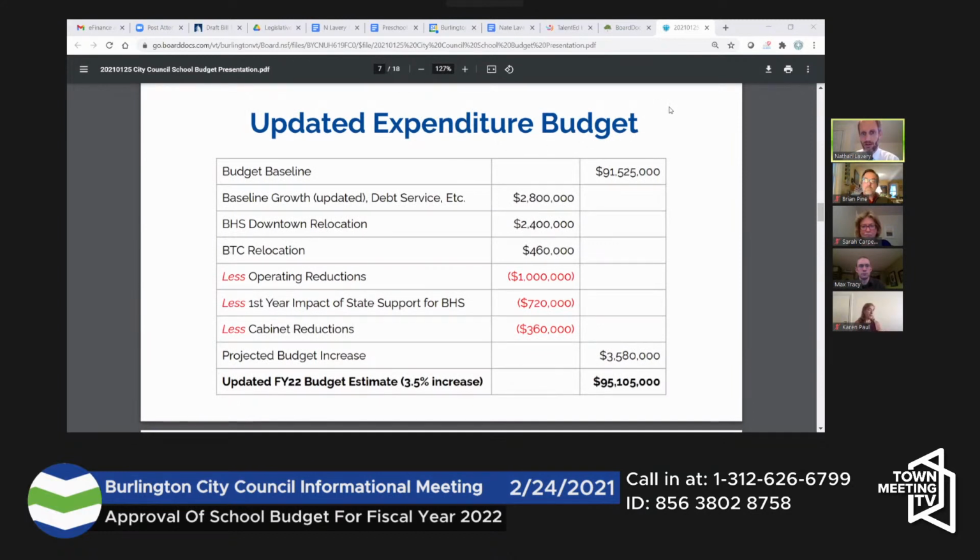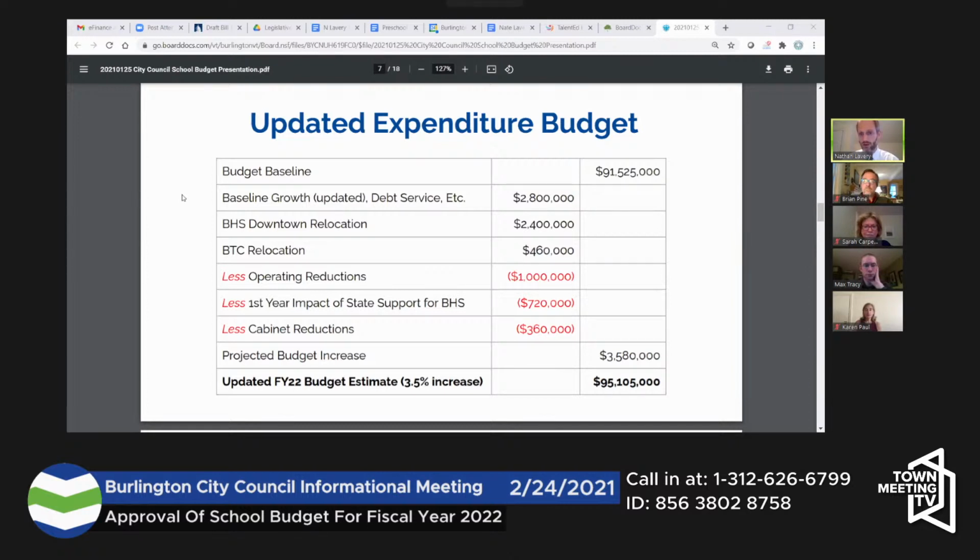And the major cost driver, in addition to regular growth, which is in the baseline number that happens every year, is the relocation of students into the downtown BHS location and to other various sites for our tech center. Those relocations made necessary by the presence of PCBs on the Burlington High School campus on Institute Road.